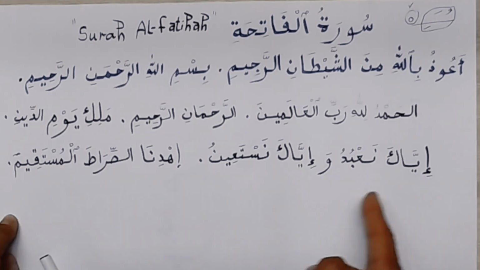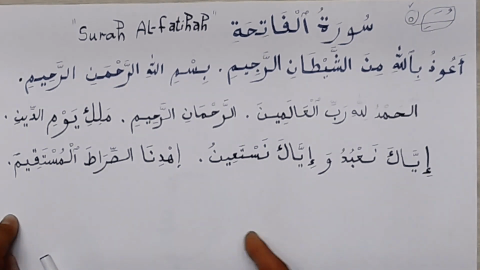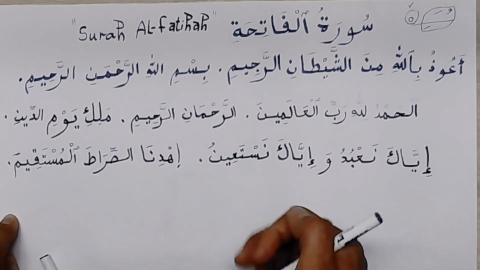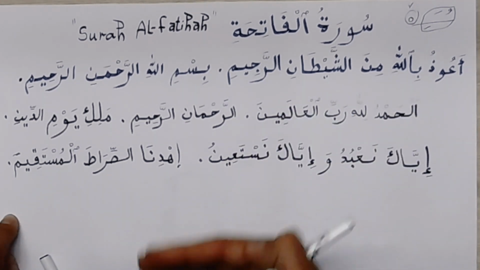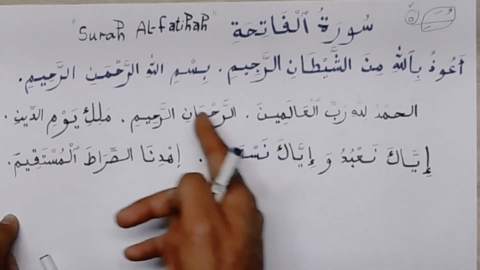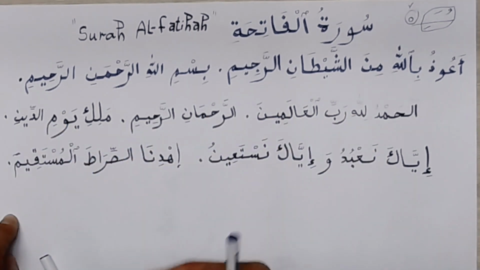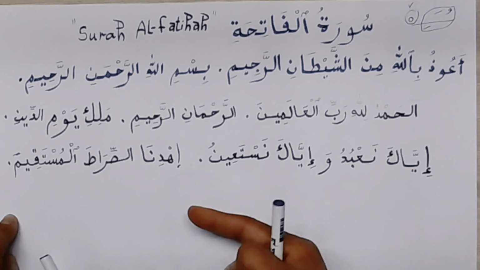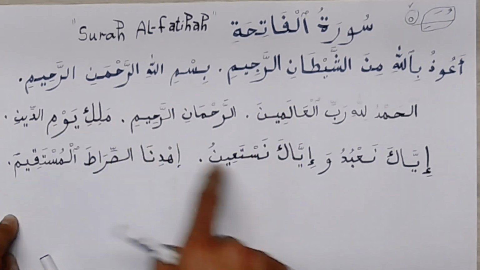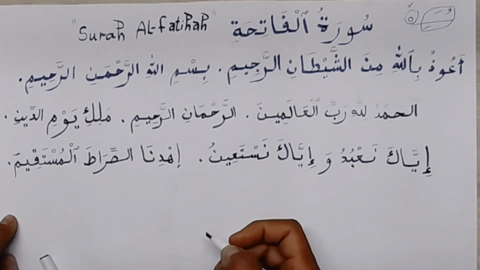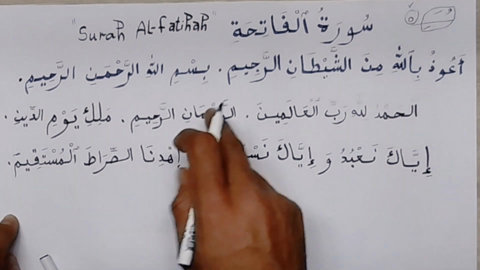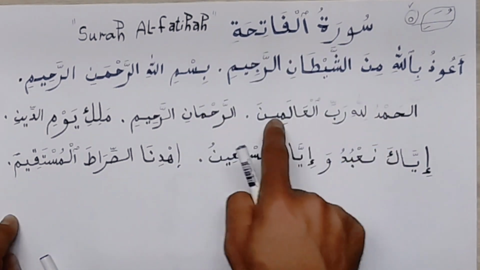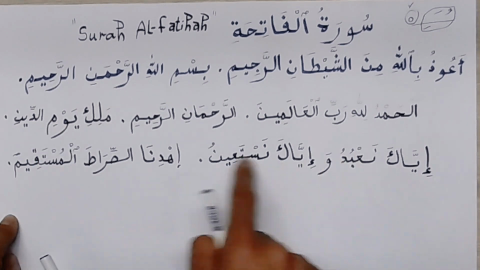Of course, when I finish writing the whole chapter, I will give you time to repeat after me the verses. Okay? Right. So we have 7 verses in Surah Al-Fatiha. 1, 2, 3, 4, 5.